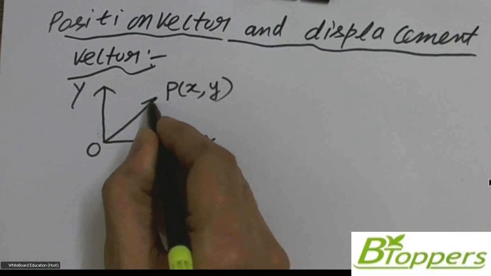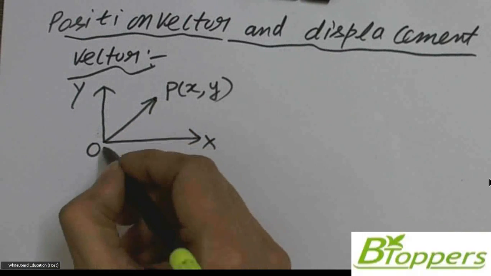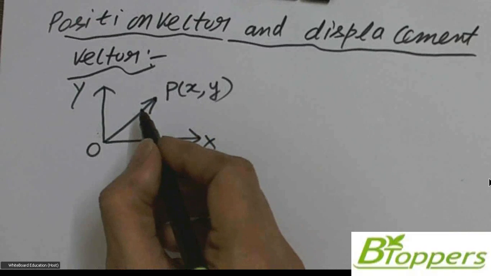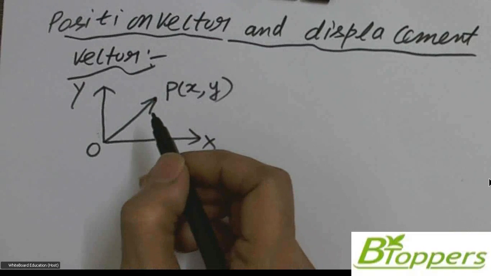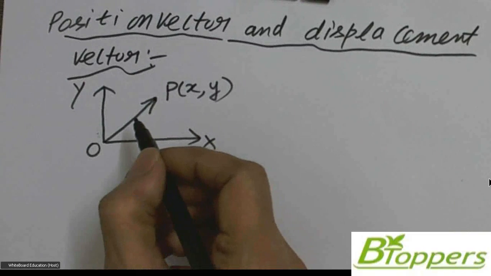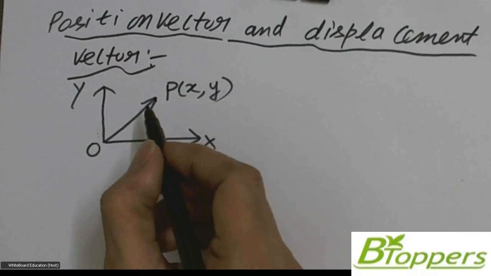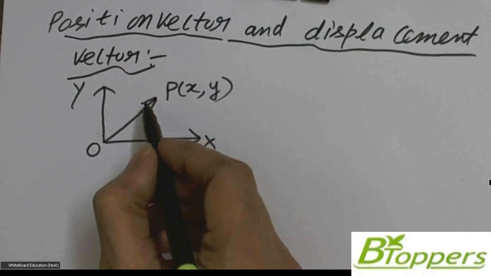The direct line segment OP bar is called the position vector of the point P. The position of the particle at any instant is described by means of this position vector.